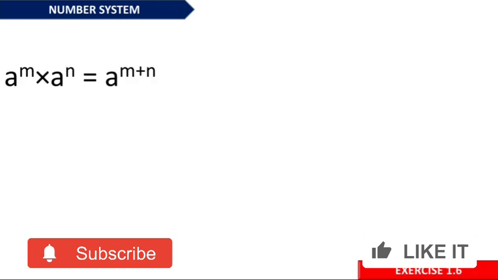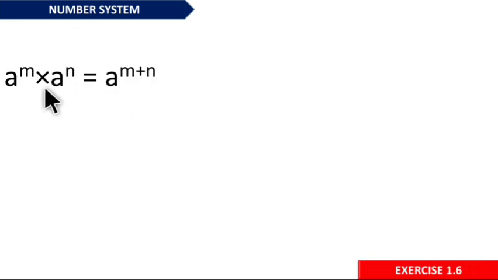First, laws of exponent. The first law is a to the power m into a to the power n, that is equal to a to the power m plus n. So what is the meaning of this? If you have a number like 2 to the power 5 into 2 to the power 3, see here, the base is the same, but the power is different.